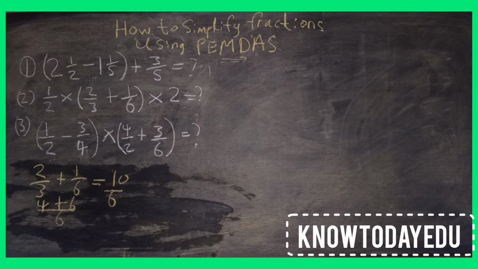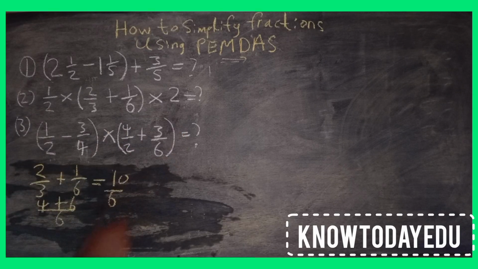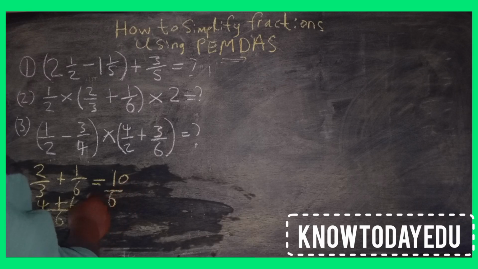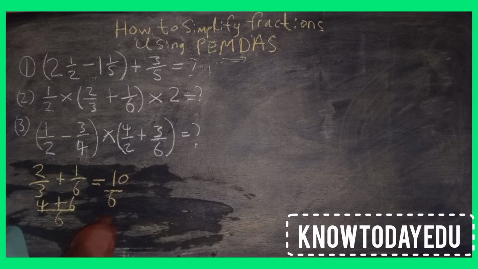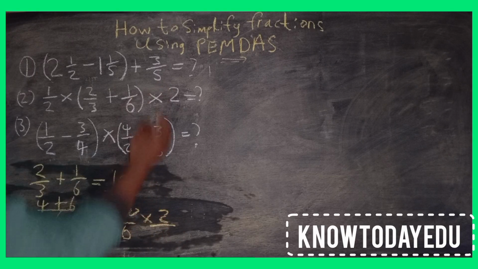Okay, now the next thing we need to do is to do multiplication. So let's arrange it again and see how it looks. We will have half times 10 on 6 times 2. This 2 is just the same as 2 on 1.